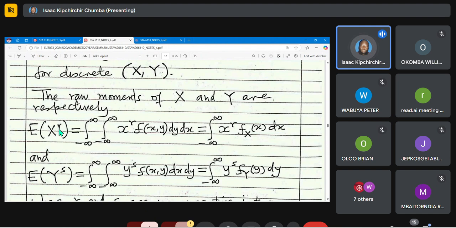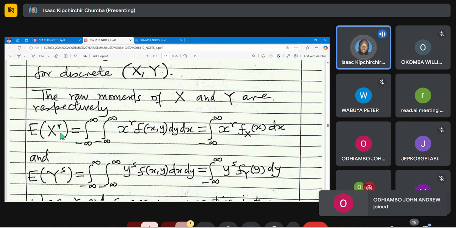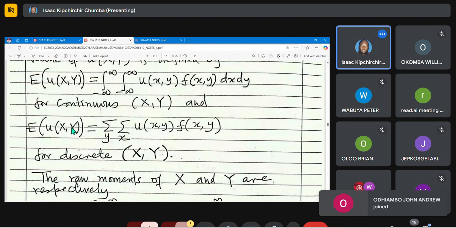So we can also obtain the moments for the individual random variables using the joint PDF. So the raw moments of X and Y are respectively as shown. You can see this was the notation for the raw moments of X. This is actually the rth raw moment, so this is just a special case of what we have here.